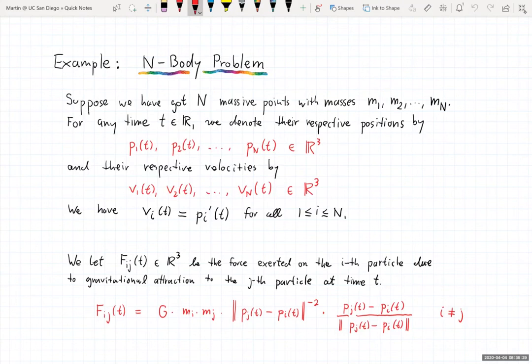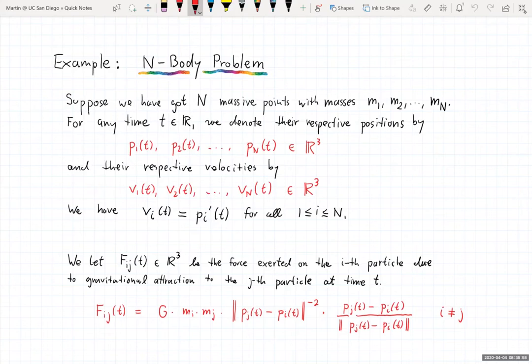So we have got these n different particles, and of course all these particles are interacting with each other via gravity. Now, we recall with the two-body problem, we are considering the interaction of 2 particles. So basically we had only 1 interaction, but this time we have got n particles and gravitational interaction between each of the particles.